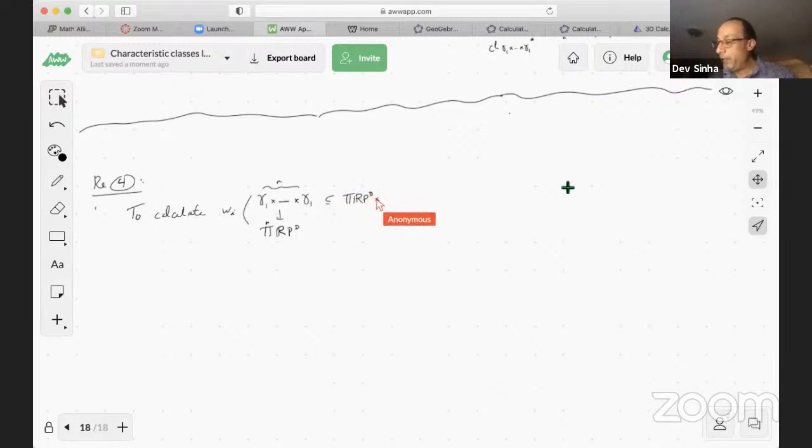Each line in RP^D is in R^(D+1), and this exhibits the line bundle as sitting inside a trivial bundle. And so we can use those to make sections.